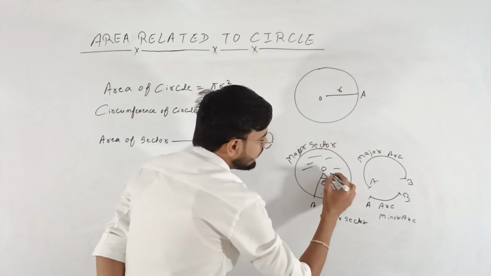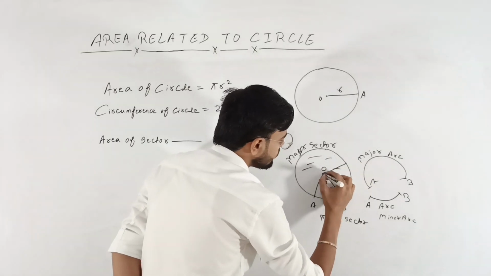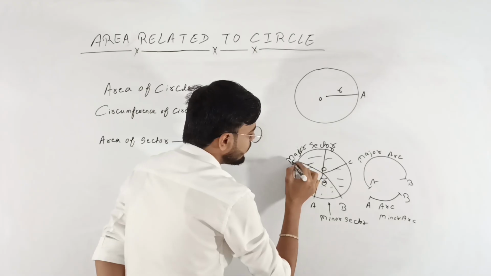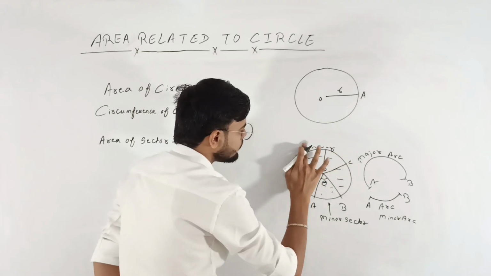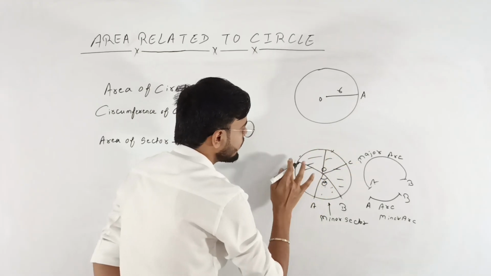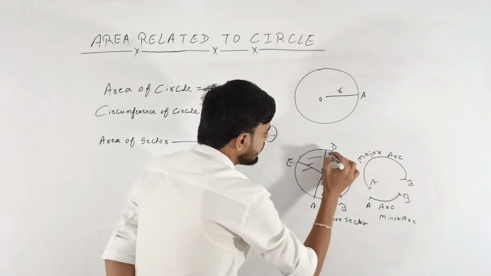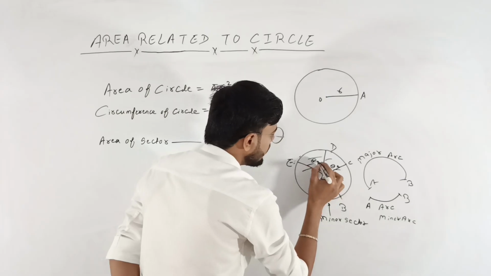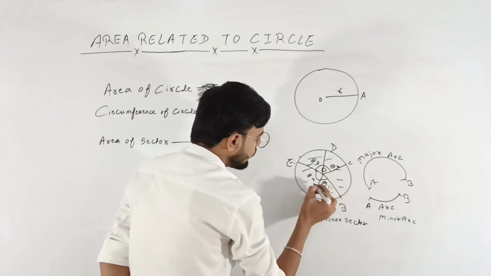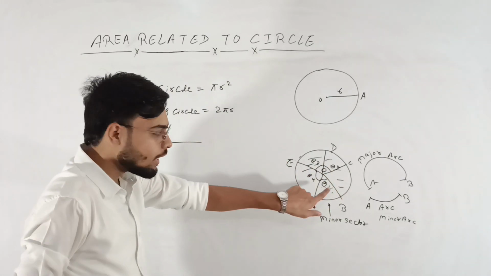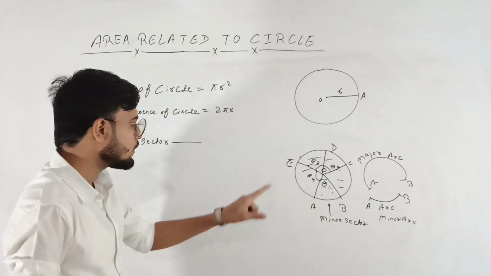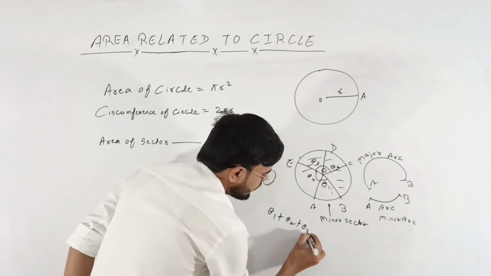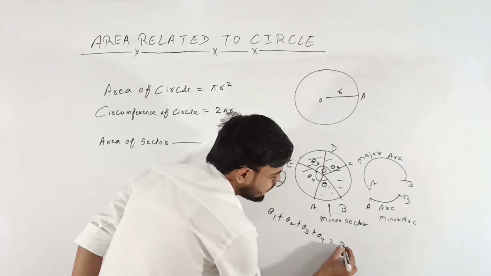If I draw another sector like that, CD arc, again I draw DE arc, then again this angle is theta 2, this is theta 1, then this is theta 3, this one is theta 4. Now if I add all these angles, theta 1 plus theta 2 plus theta 3 plus theta 4, all the angles equal 360 degrees.